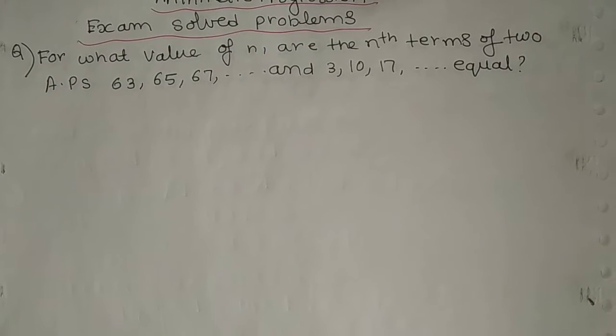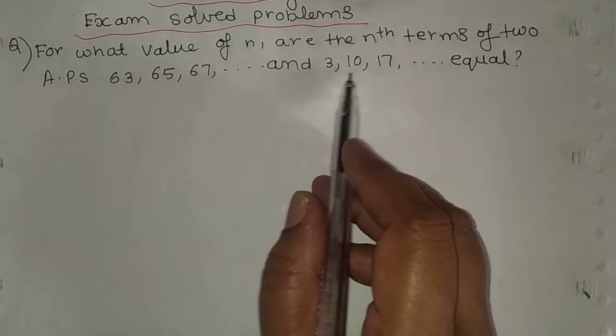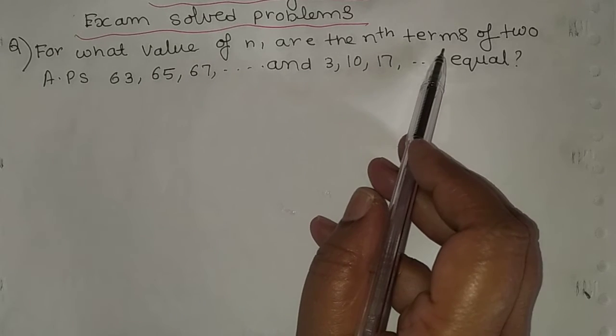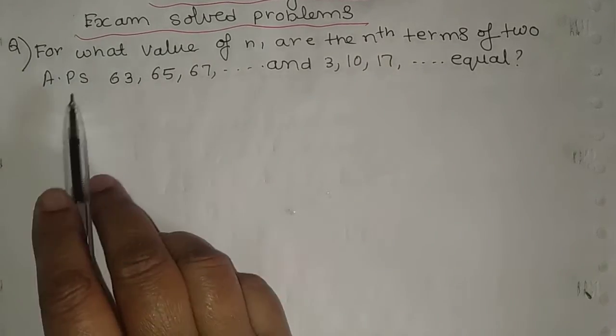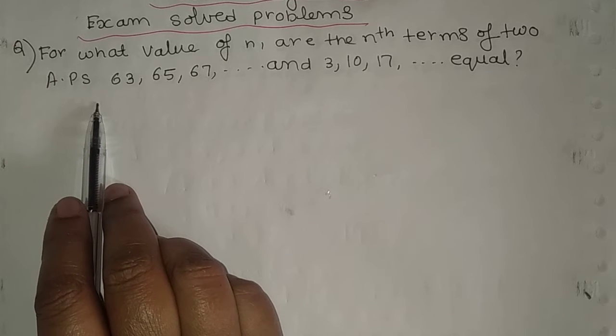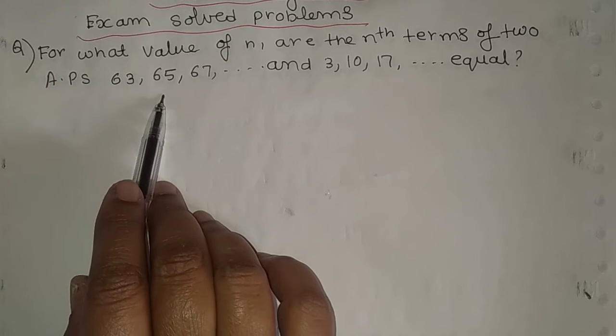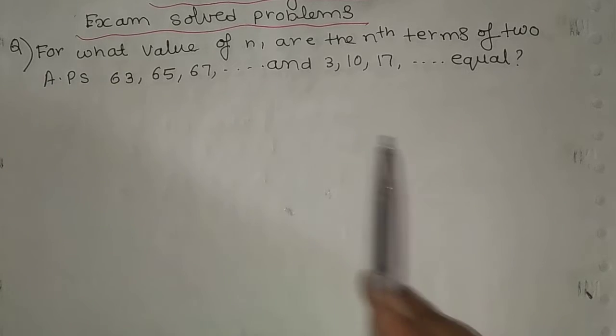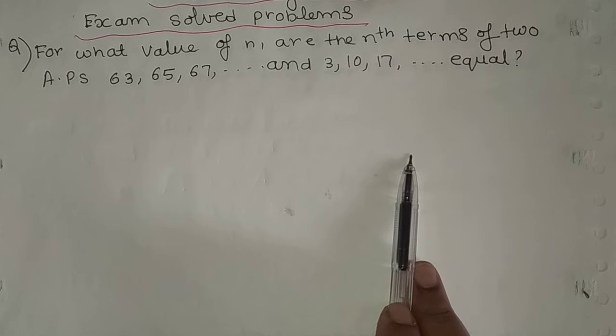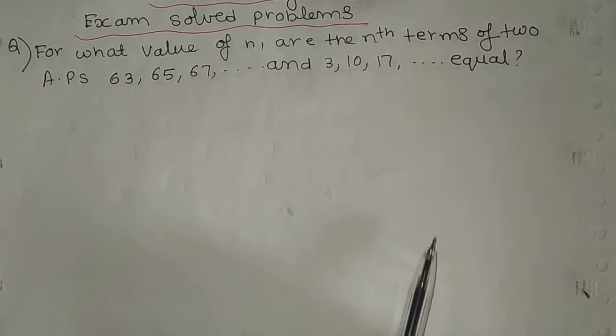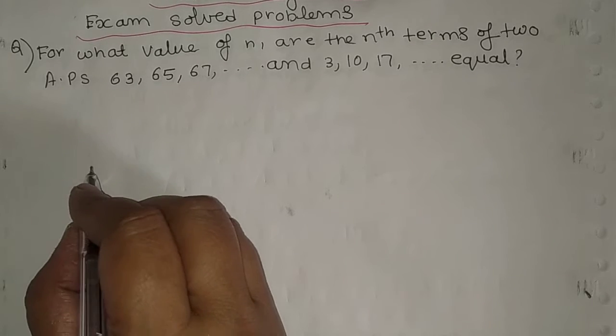Here the given problem is: for what value of n are the nth terms of the 2 APs, 63, 65, 67 and 3, 10, 17, equal? There are 2 APs given.